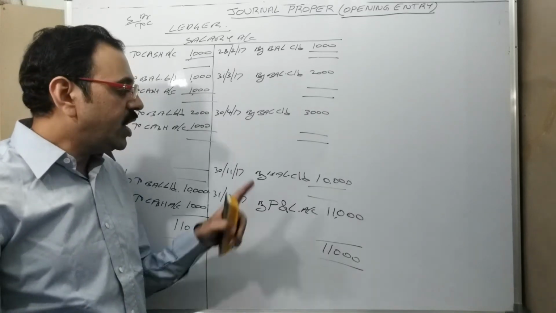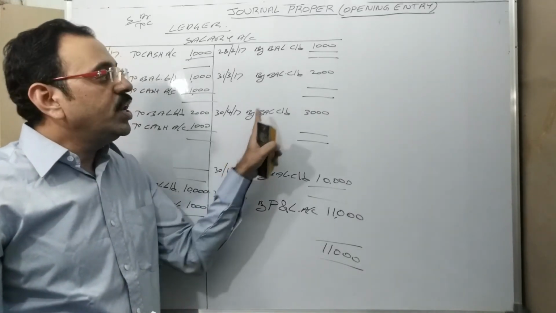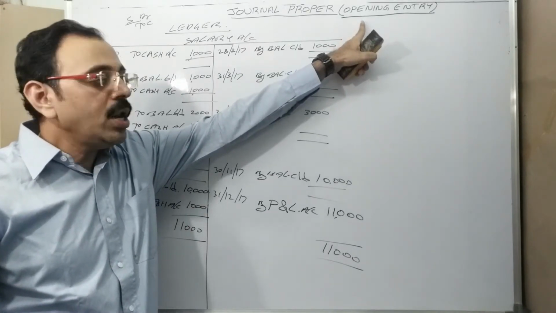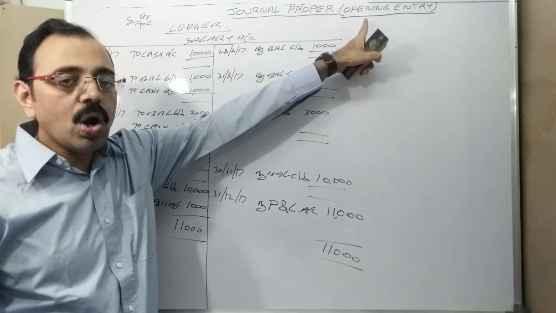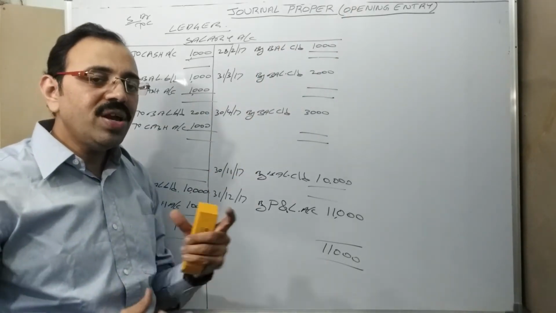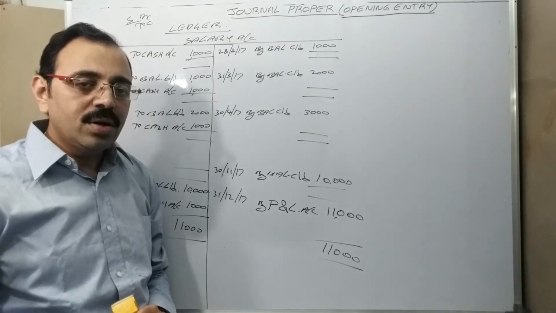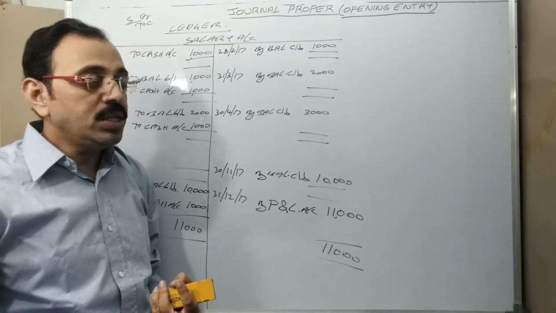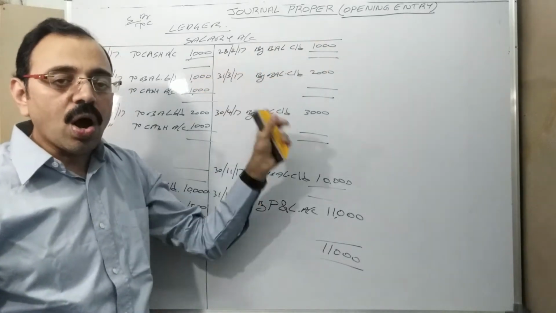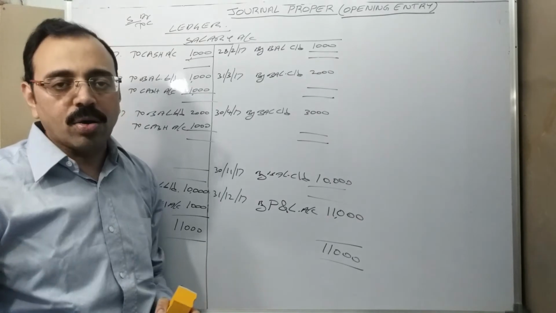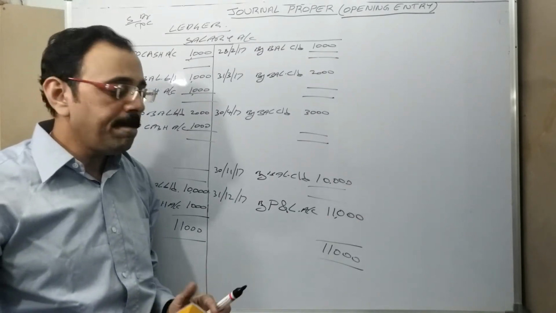Clear? So in case of nominal accounts, we need not write any opening entry. Remember, the opening entry does not contain nominal accounts. Then which accounts are we transferring like that? Only real accounts and personal accounts. It means the opening entry contains all real accounts and personal accounts but not nominal accounts. Okay?